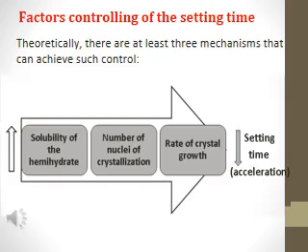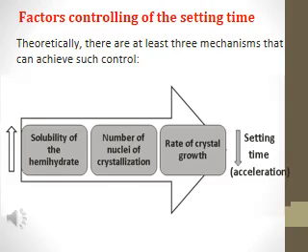If the factor increases the solubility of hemihydrate, of course this will lead to increasing the number of nuclei of crystallization, and then increasing the rate of crystal growth, and finally the reaction is accelerated. This means the setting reaction occurs rapidly.